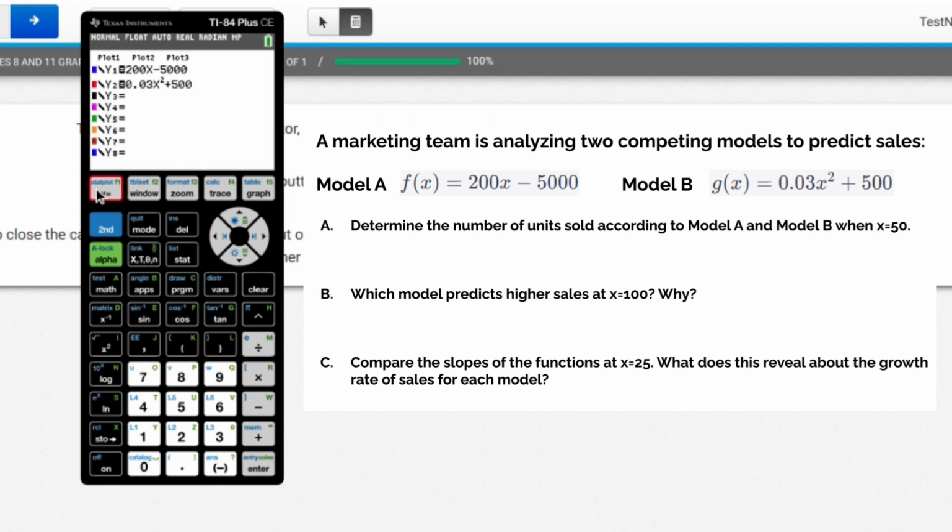So what is blue? Blue is the first one. So I'm yet to see the second one. So let's change my window to, I don't know, negative 500 to positive 500. There's one. And I still don't see the other. All right. Well, this is what I do know. Maybe I can't do much, but it looks like at 25 here, the slope is just like a regular positive linear thing.